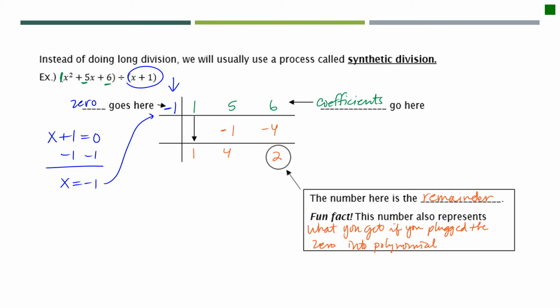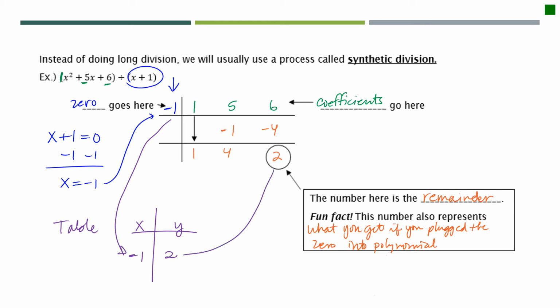Also, another way that I actually prefer to look at it is if you go to the table in your calculator and you find the 0, so you found -1 on your table, the ordered pair -1, 2 would be there. So the -1 comes from here, and then the 2 would be your remainder. So if your number was actually a 0, you would see that at that 0, like the -1, you would actually have the number 0 as your y value.